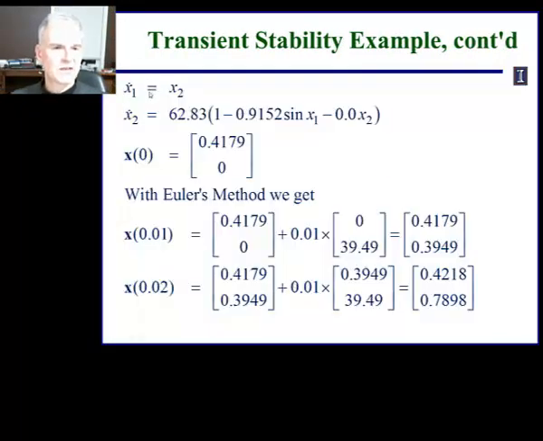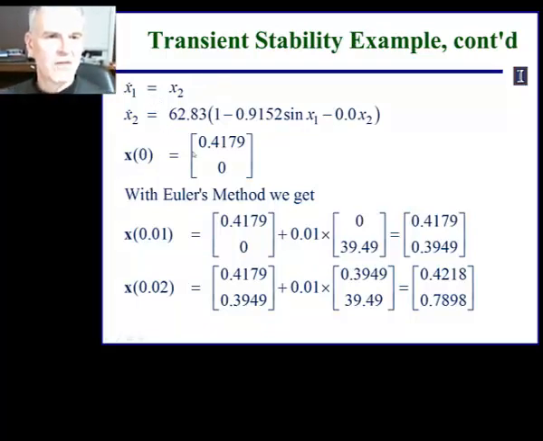Okay, we then solve this using Euler's method. Our initial value is given by the initial conditions here. With Euler's method, we take the initial value x sub 0 plus the time step delta t times the function, and we evaluate this. X2 is equal to 0, so this term right here will be 0.